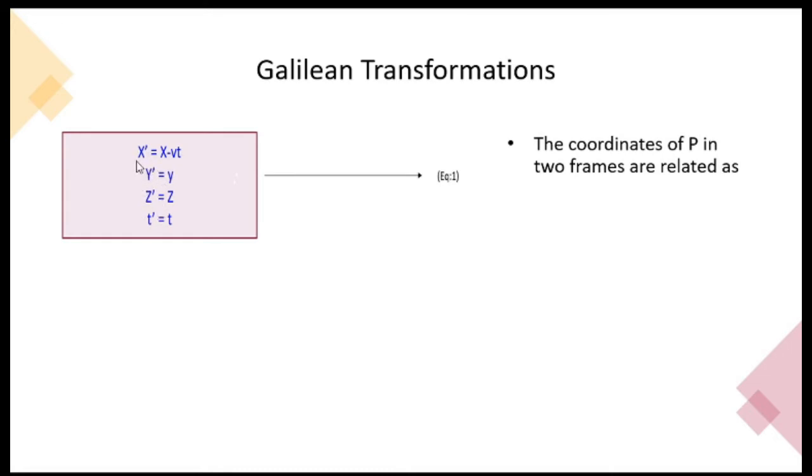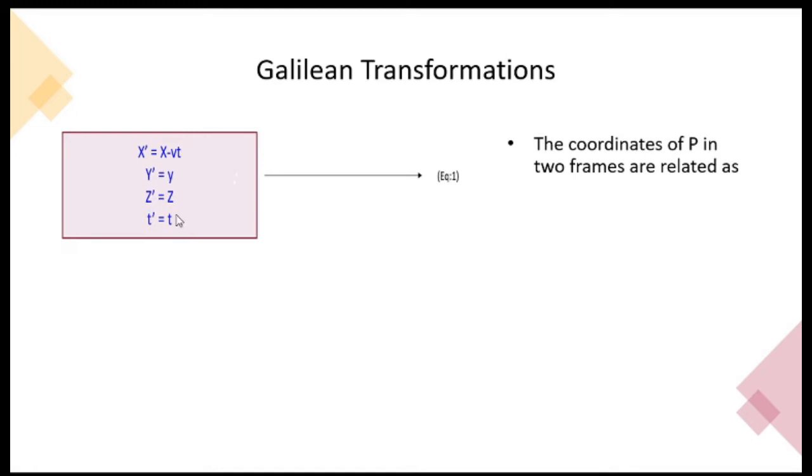Because frame S dash is moving with a constant velocity v along the x-axis, therefore only its x coordinate changes; the y and z coordinates do not change, they remain constant. So we get the equation x dash is equal to x minus vt, but the y and z coordinates as well as the time coordinate have remained constant.